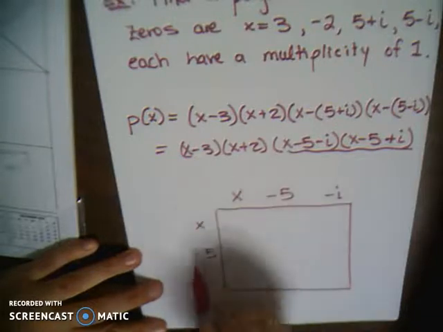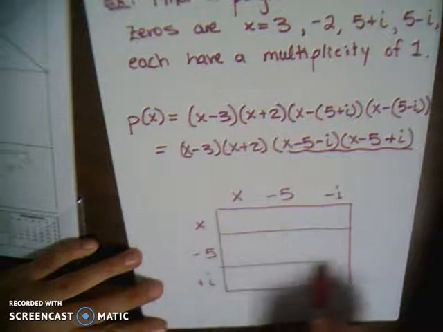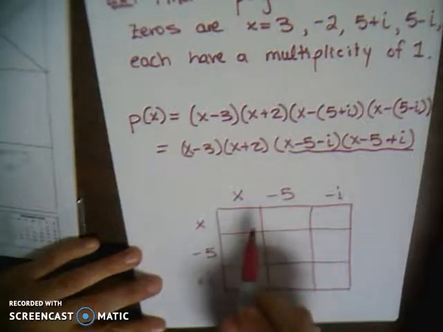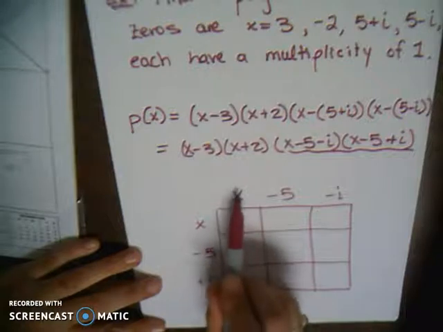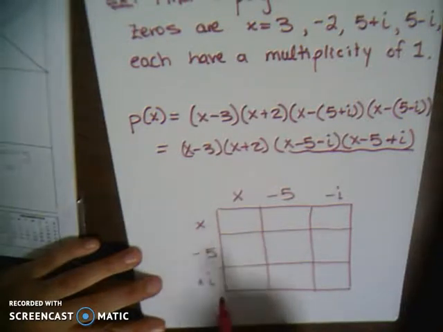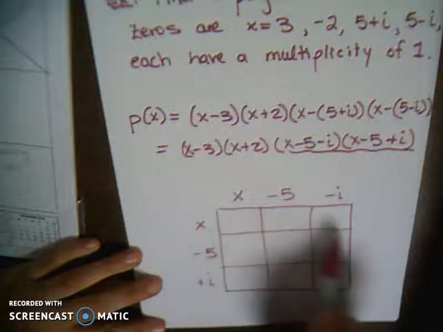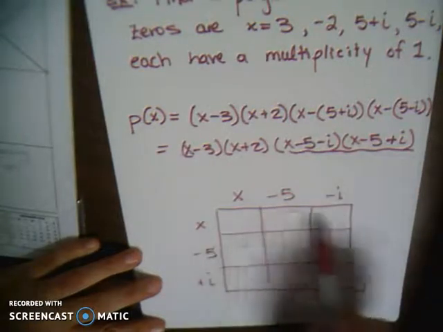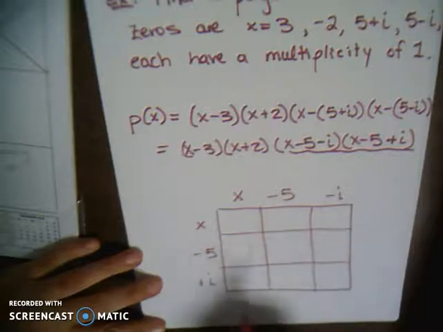And there are 3 terms in the top, 3 terms on the side, which means we have a total of 9 multiplications to do. So in each of these boxes, I'm going to look at the term that's on top and the term that's on the left and multiply them together. And once I've filled in all the boxes, I know I've done all the multiplication required. And I can add all 9 of these pieces together, and hopefully a lot of them will combine and simplify.